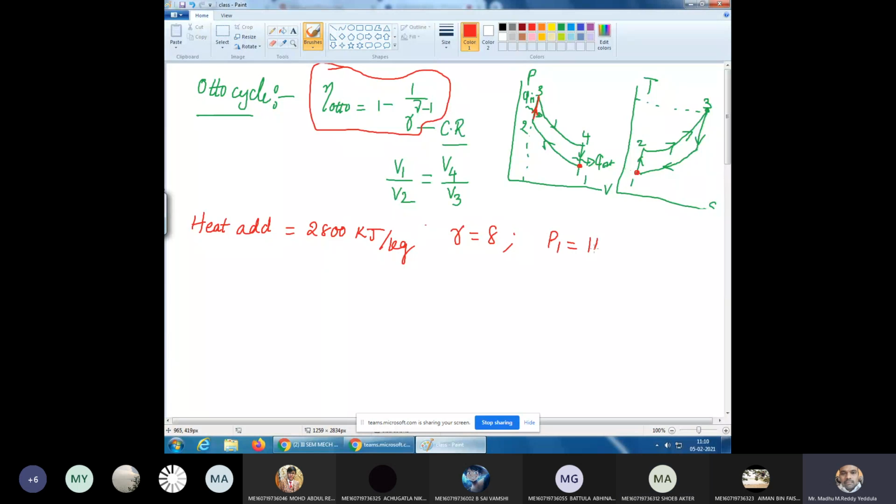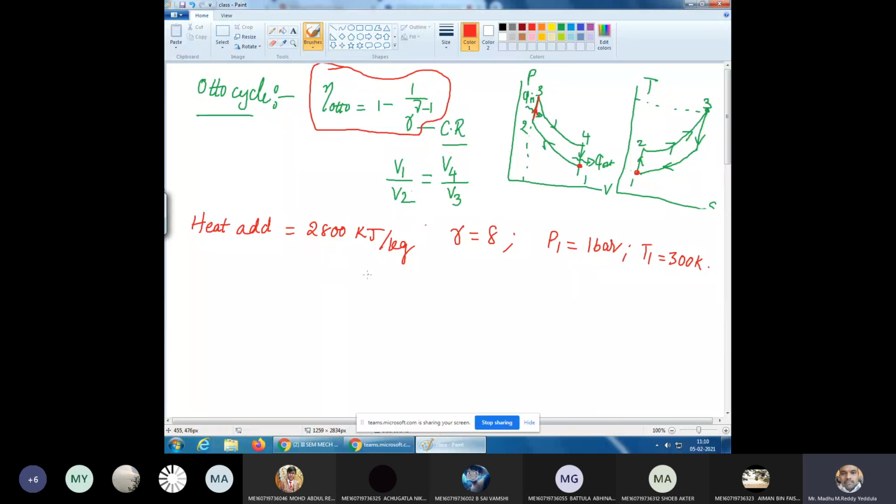P1 is given as 1 bar and T1 is given as 300 Kelvin. This is the data given: heat addition, compression ratio, pressure and temperature at the start of the compression stroke.